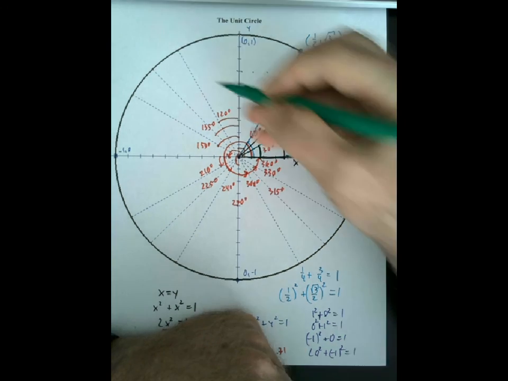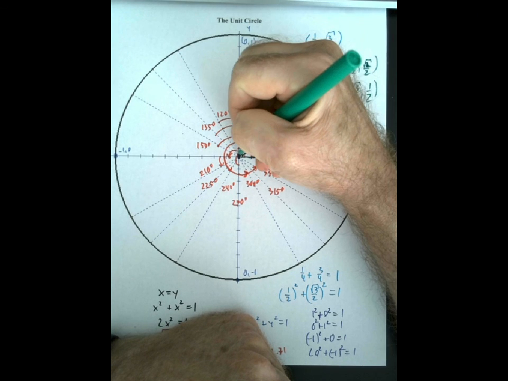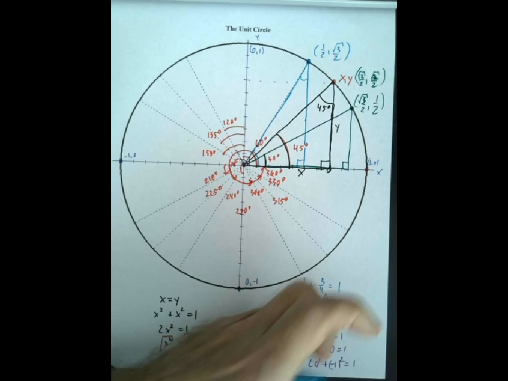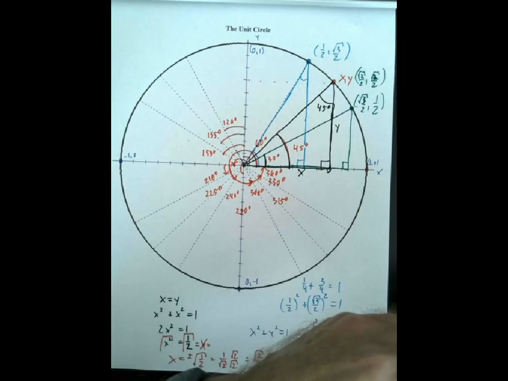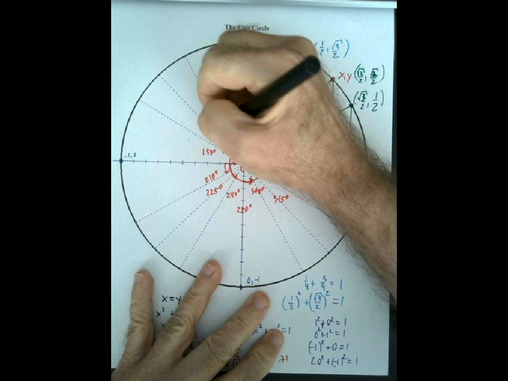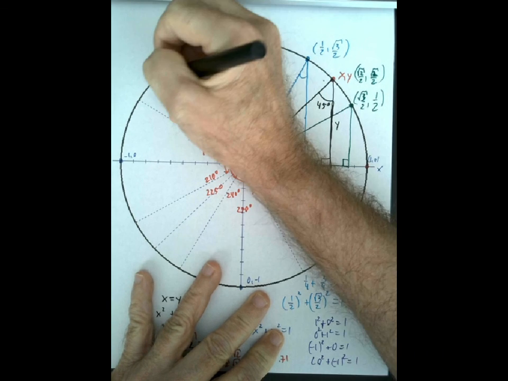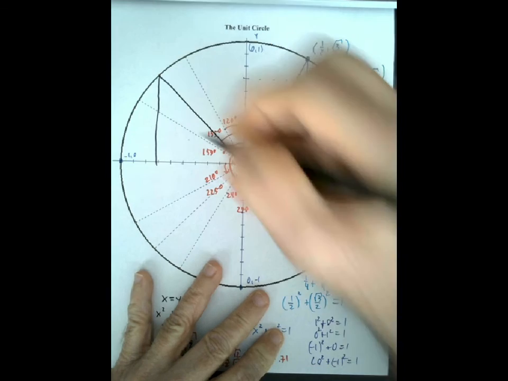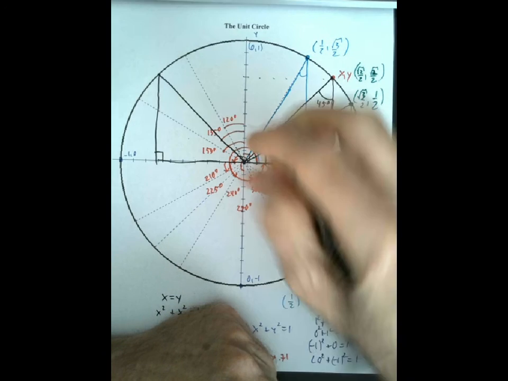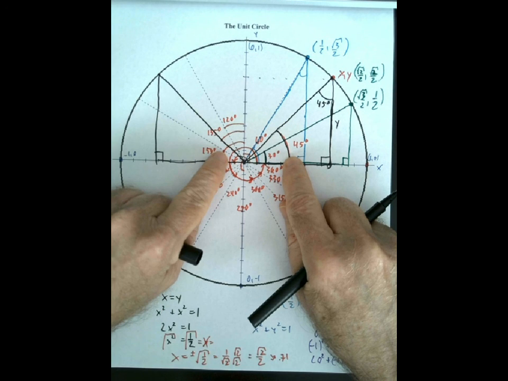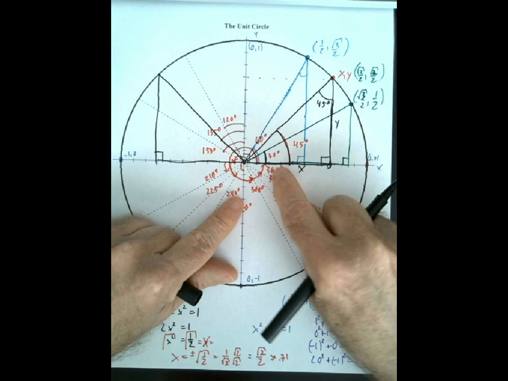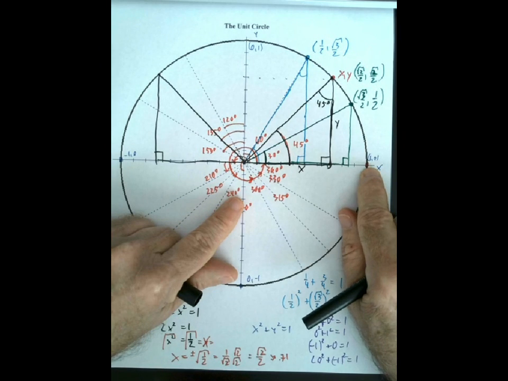Can you see, for instance, that this, let's say we'll do this one here. I'm going to make a right triangle over here. You can see that by symmetry, this angle here is really 45 degrees, although we're always going to measure the angle over here from 0.